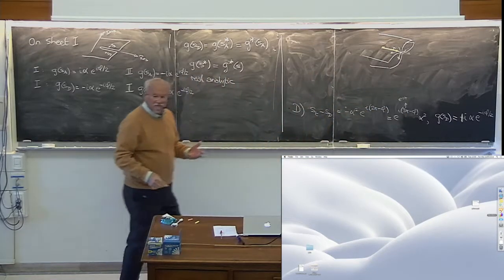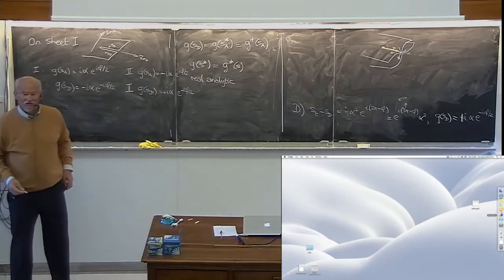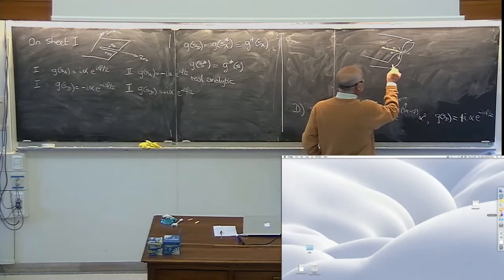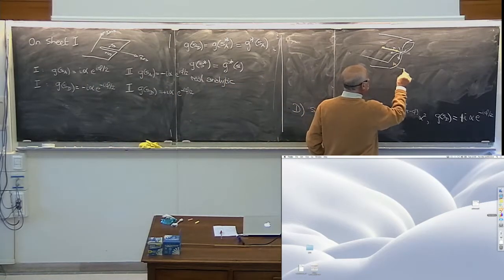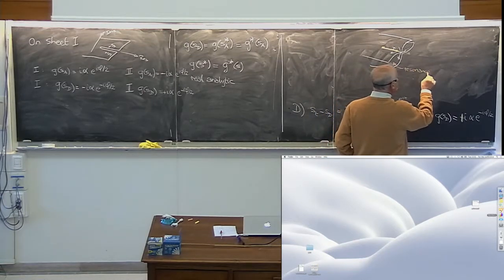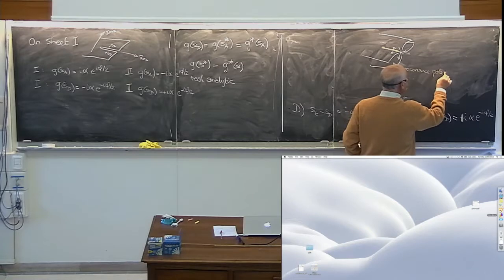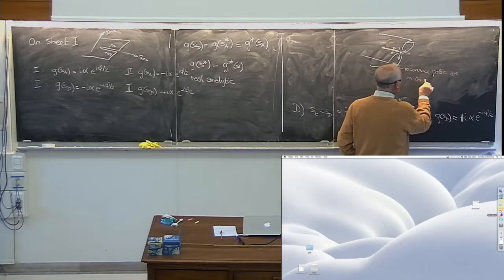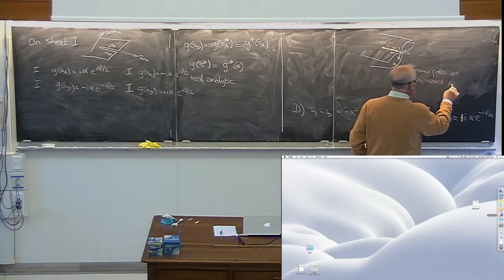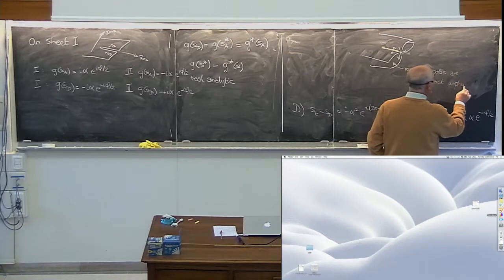But the poles which correspond to resonances are on the unphysical sheet, the nearest unphysical sheet. So resonance poles, why that is, we'll come to.